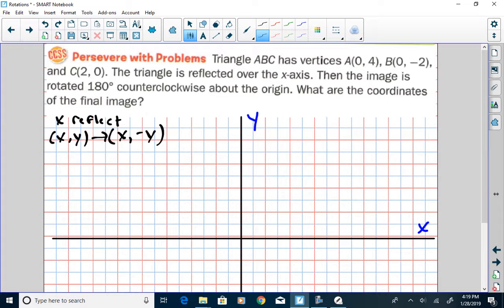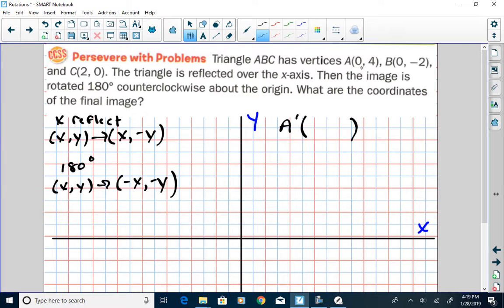And then for the 180-degree counterclockwise rotation about the origin, x comma y goes to opposite x, opposite y. Let's see what that's going to look like. Point A is located at 0, 4, so let's go with A prime. We have to use the first rule, then the second rule.